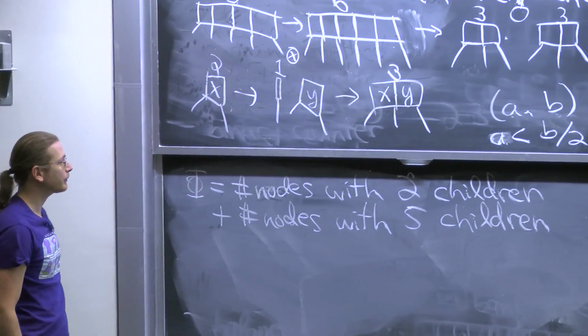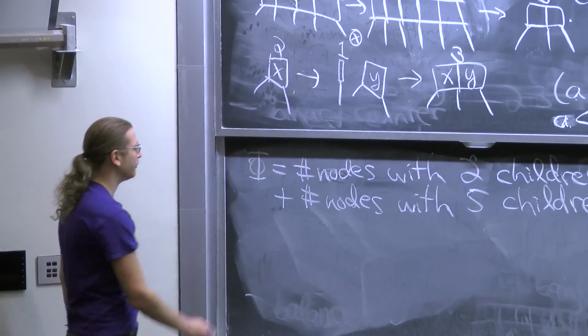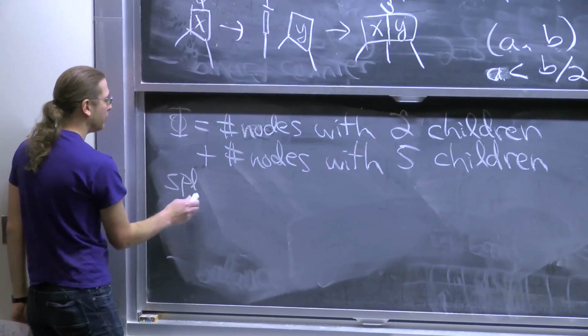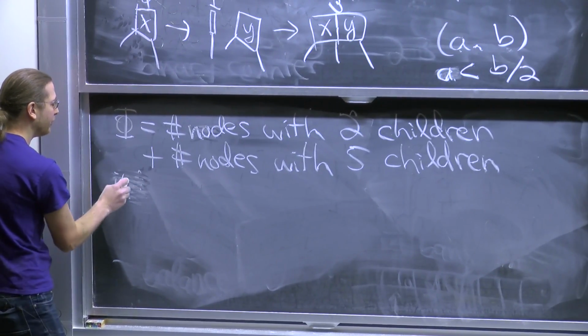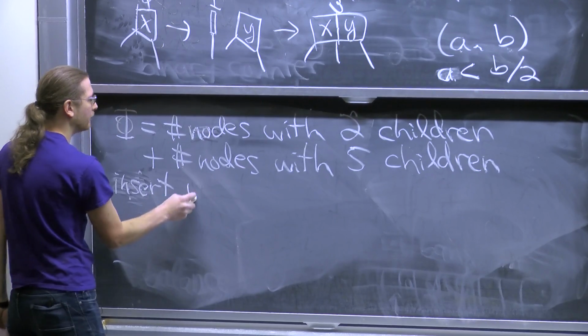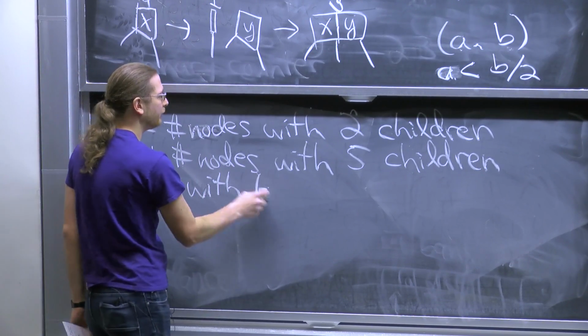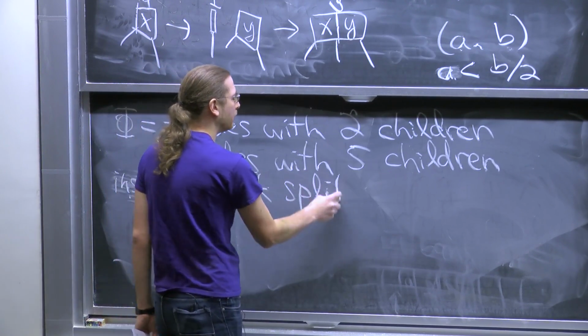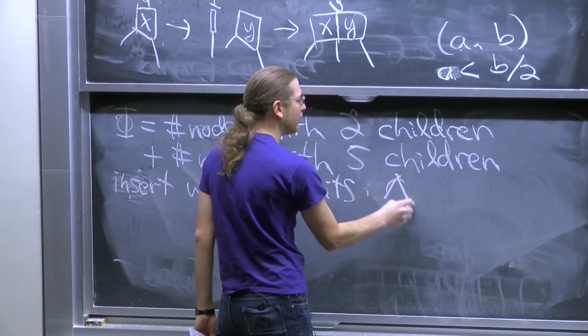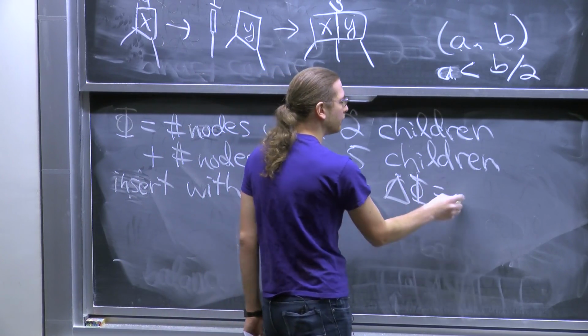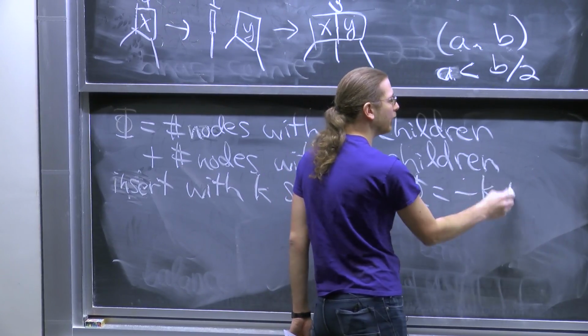Okay? So in either case, if we do an insert with k splits, the change in potential is minus k plus 1.